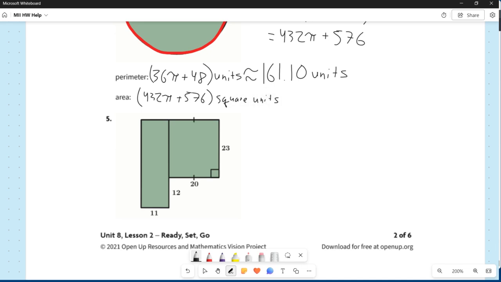That's my exact answer. If I want an approximation, I'm not going to show you; it's just like what we did for the last couple of problems. If you type it in, you should get 1,933.17 square units for my total area of this composite figure.